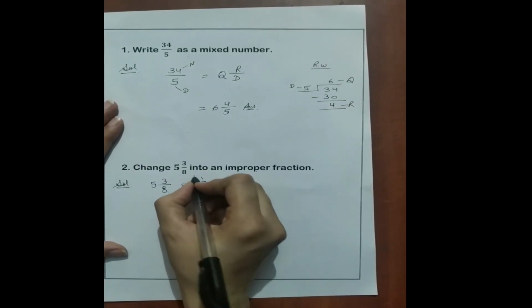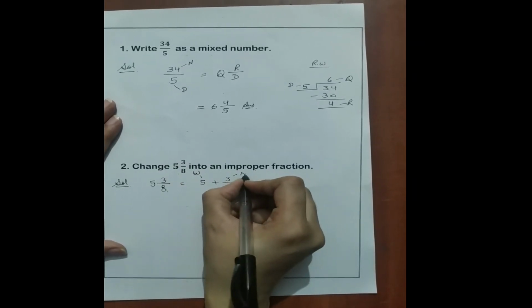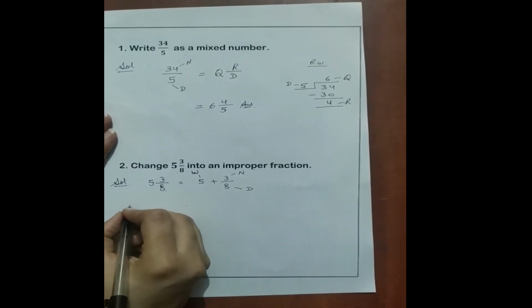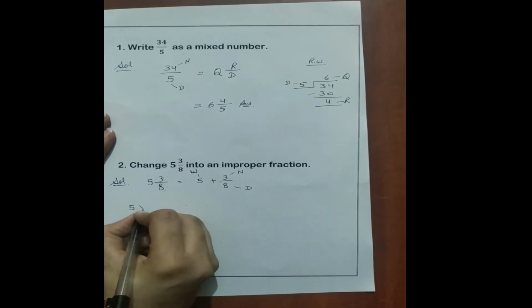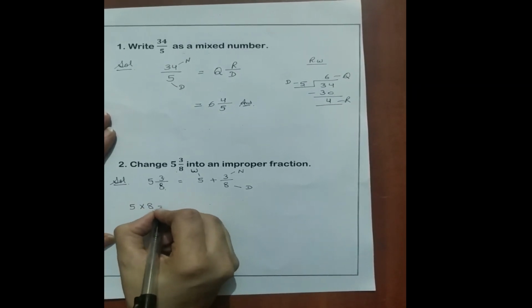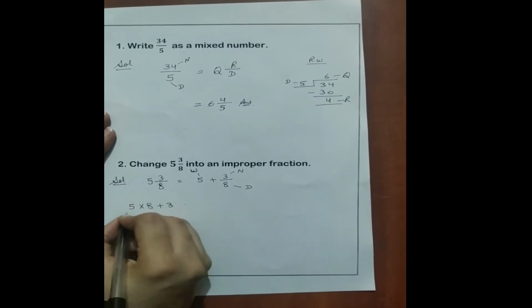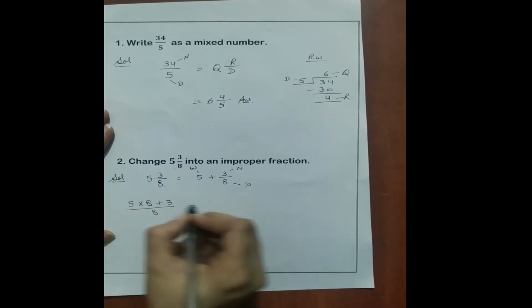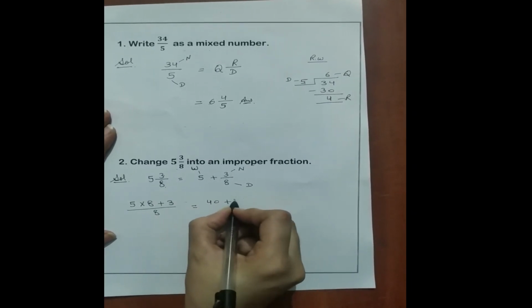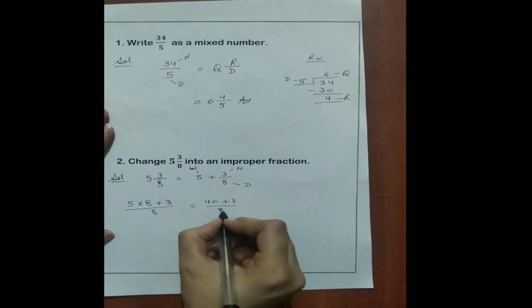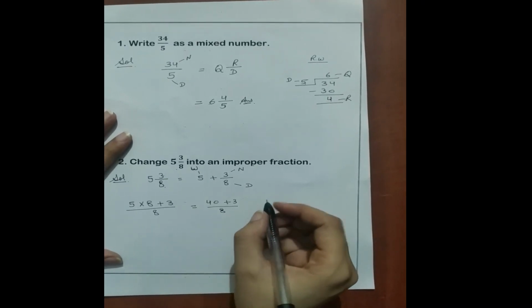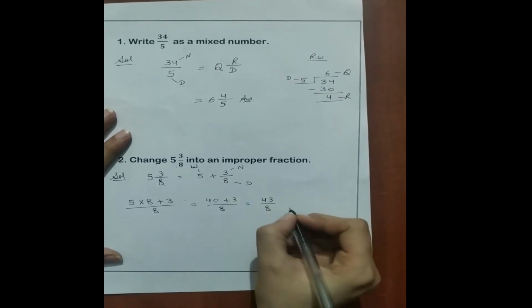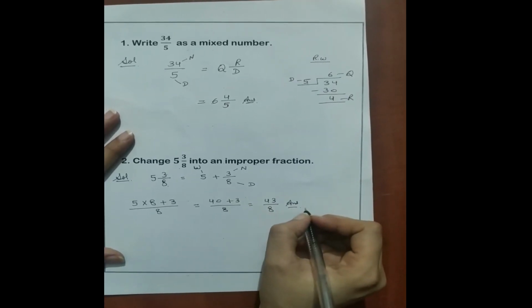Here 5 is the whole number, 3 is the numerator and 8 is the denominator. Multiply the whole number by the denominator, add the numerator and write the denominator as it is. 5 eights are 40, plus 3, 43 by 8. This is the answer.